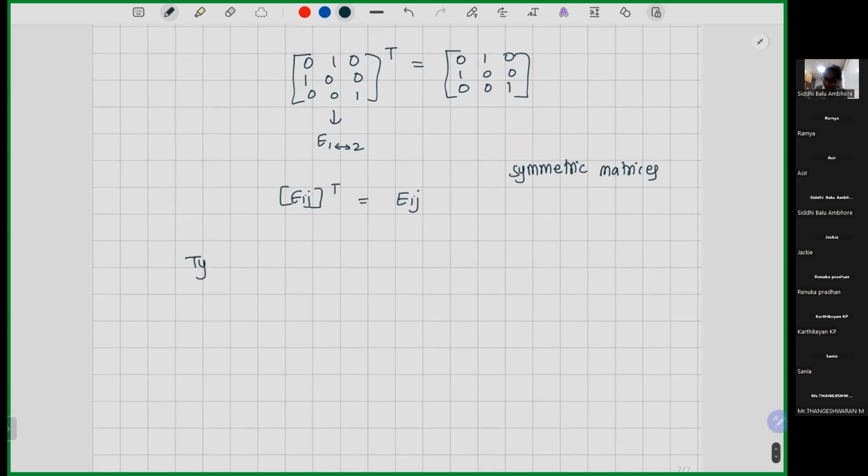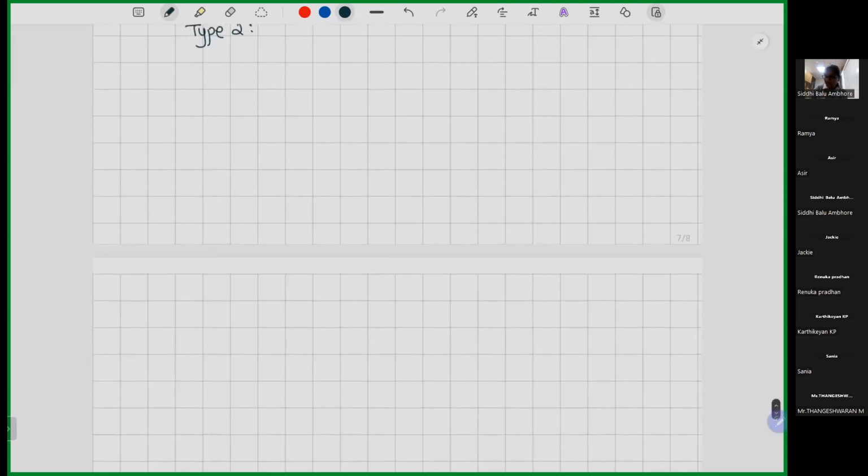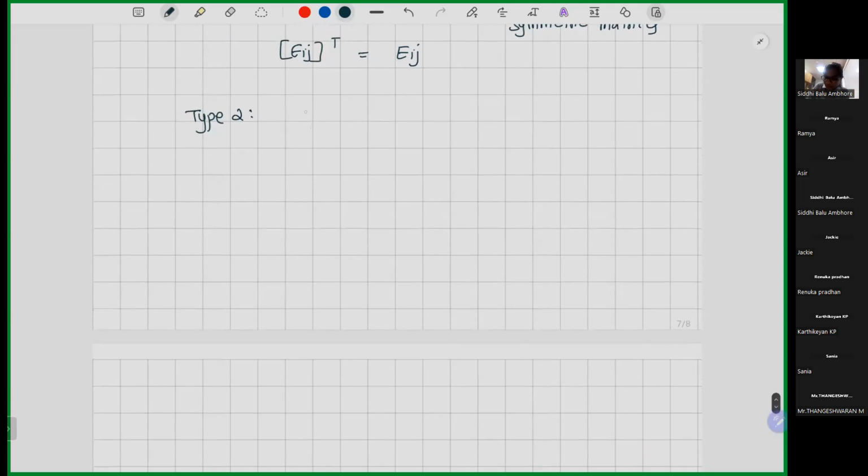Similarly, for type 2, please ask if there is any doubt. Type 2 is a non-zero scalar multiple of the ith row, so a non-zero scalar is multiplied to the ith row. So it is of this type, right? 1, rest are zeros, so I am not writing zeros. Somewhere c, 1, 1 here.